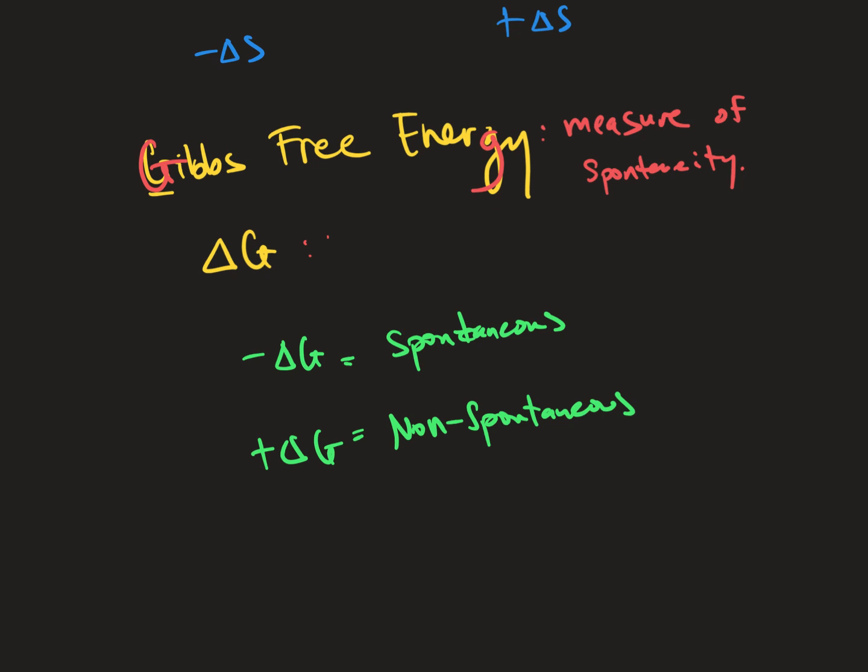And exothermic is negative delta H. Another name for spontaneous reaction is exergonic. And another word for non-spontaneous is endergonic. So you can kind of relate that with exothermic versus endothermic, right? Exothermic is negative, endothermic is positive.